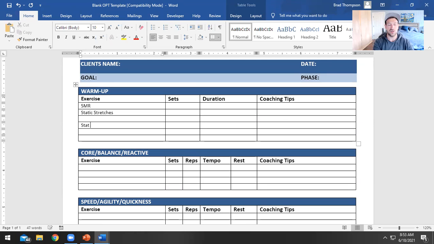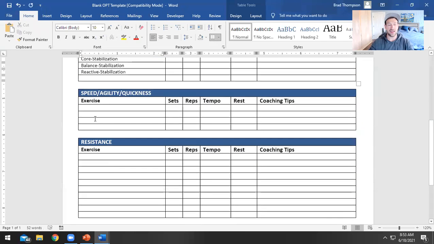We do stage 1 cardio. We do core stabilization. We do balance stabilization, and we do reactive stabilization. And then in our SAQ, we focus on speed drills primarily.